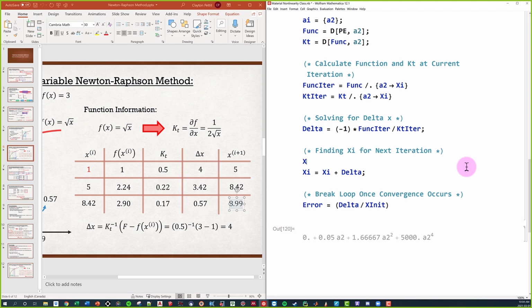I'm going to go x initial, and it's currently equal to xi. Basically I'm saving the initial value as this parameter before I change it for the next iteration. Hopefully that makes sense to you guys. Because when I'm calculating this error, this xi should be 1, but if I were to leave it like this, it would use 5 instead of 1. So what we actually have to do is save that current value.